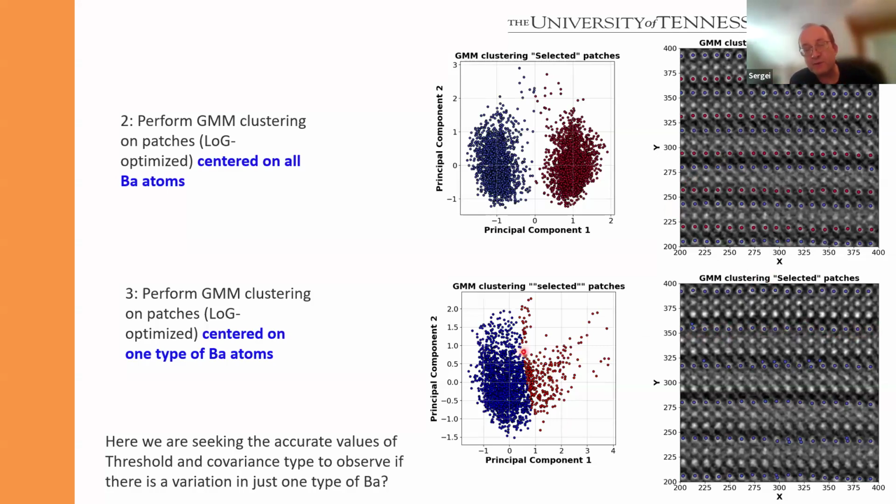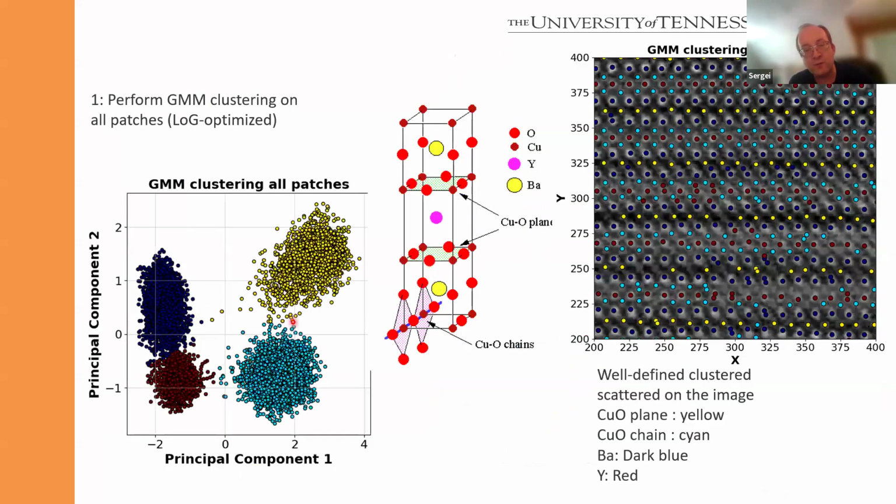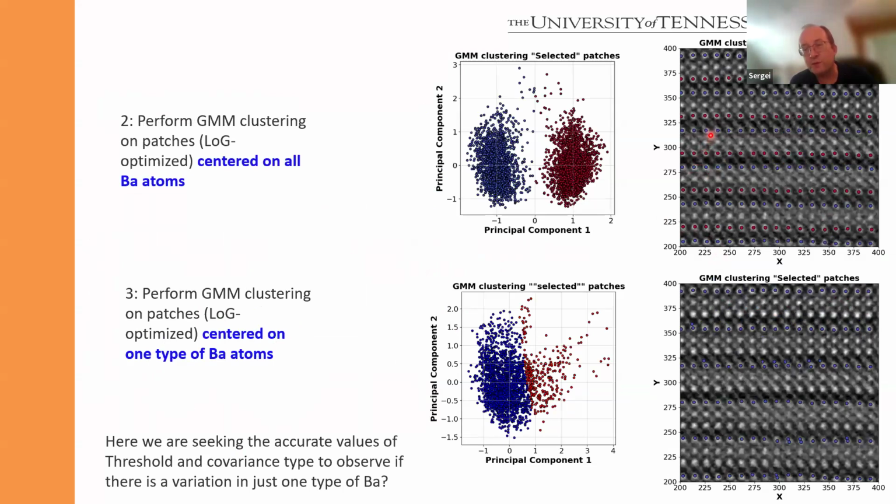And then if we try to separate those atoms, we see that there is some distribution, but there are no longer two obvious groups. So in this case, four groups are obvious because these are different crystallographic positions. They are very different. So in this case, we have two groups because the barium atom at the top of the layer has a different neighborhood, rotated by 180 degrees compared to the one on the bottom layer. So we also have two groups.